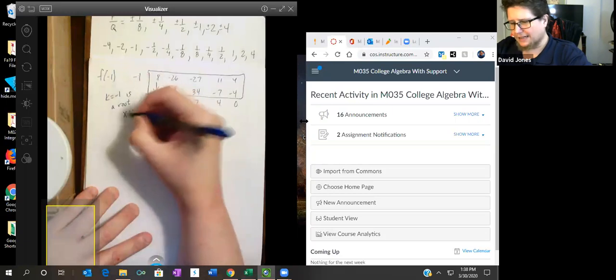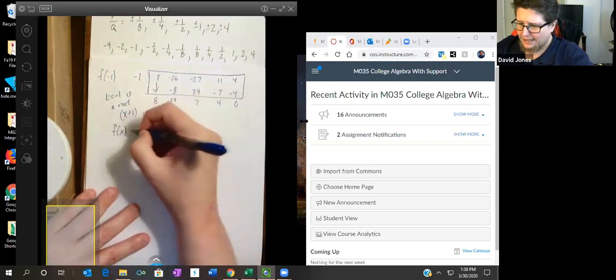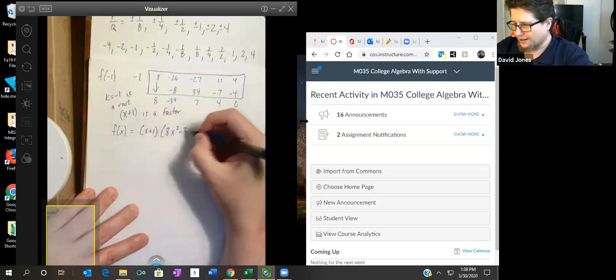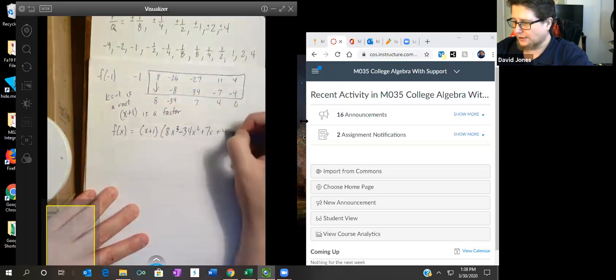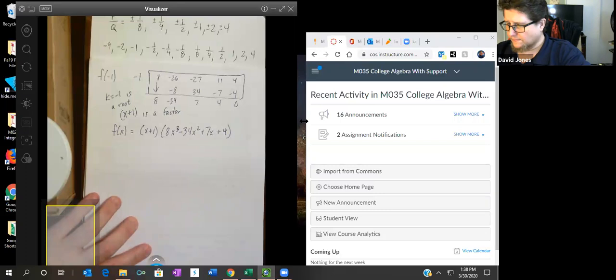K plus 1 is a factor. And now f of x is down to x plus 1 times 8x cubed minus 34x squared plus 7x plus 4. Okay, and we could keep going through it and keep working.